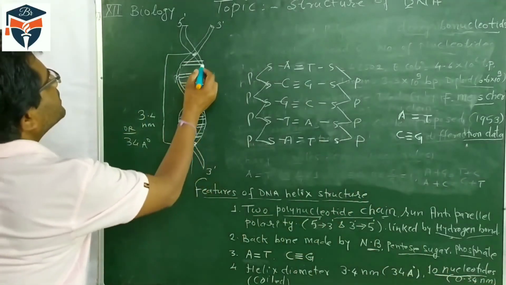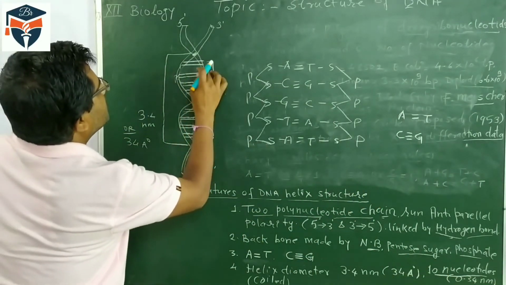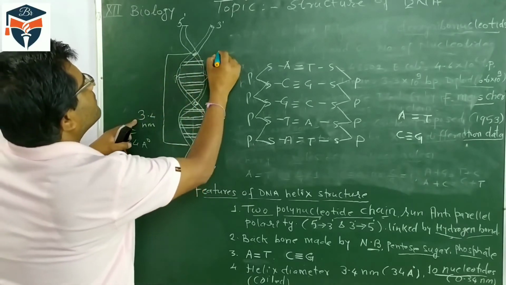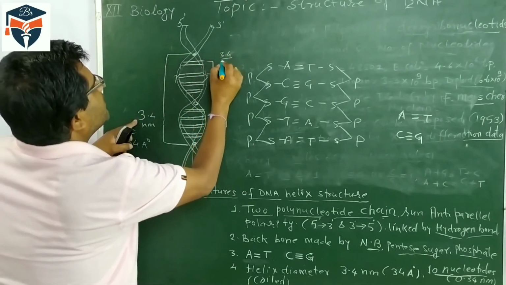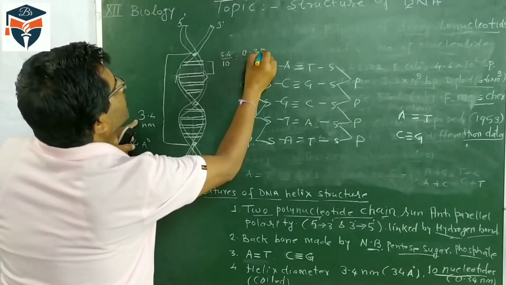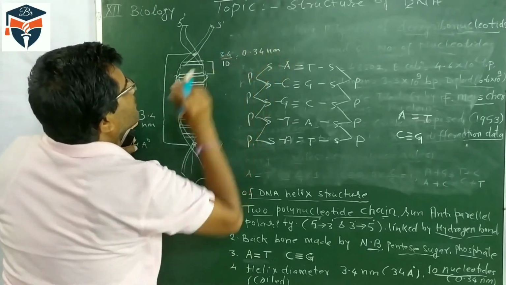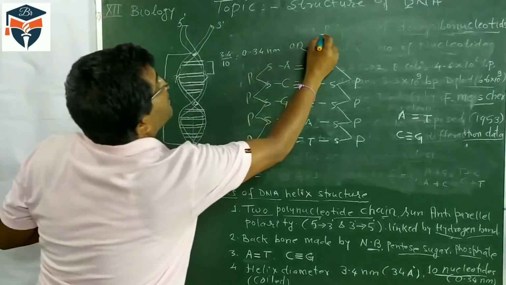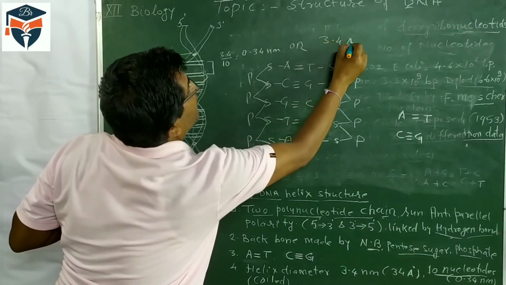So the distance between two nucleotides will be 3.4 divided by 10. So it will come to 0.34 nanometer, or we write 3.4 in angstrom.